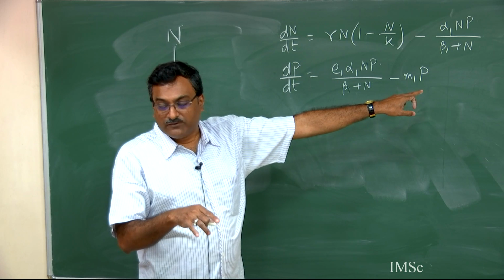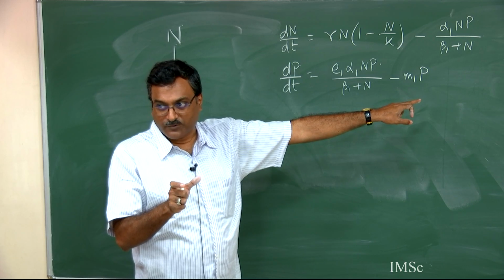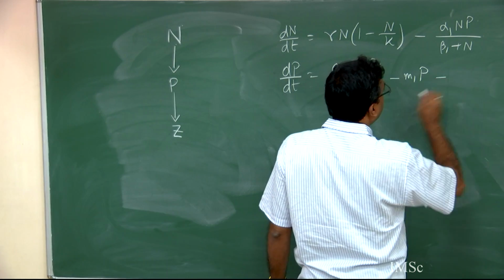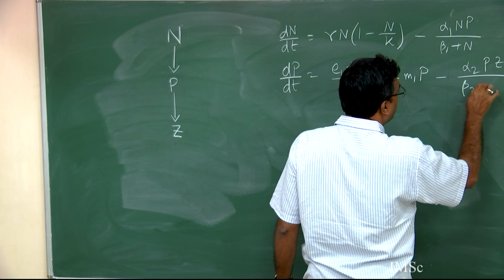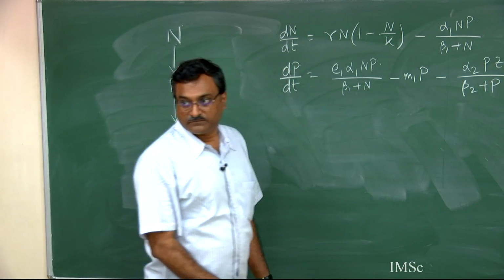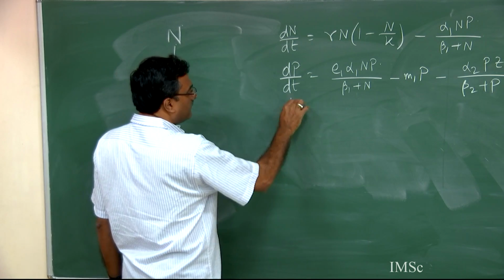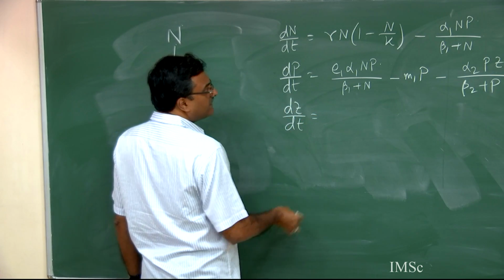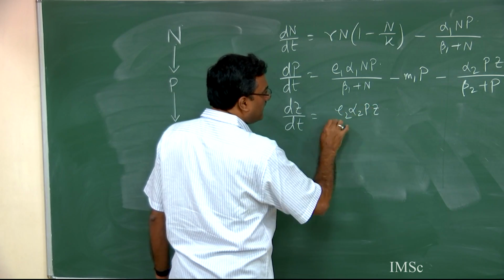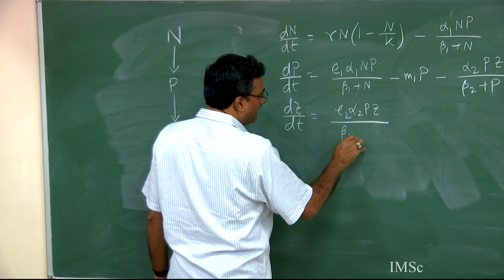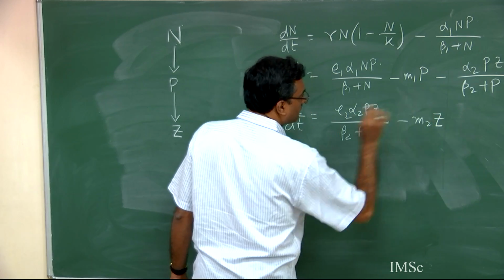And as I have mentioned that we are going to model these things with the same type of functional response. So, therefore, you can write this will be minus alpha 2 pz divided by beta 2 plus p, correct, and finally dz dt, this is equal to E2 alpha 2 pz divided by beta 2 plus p minus m2 z.